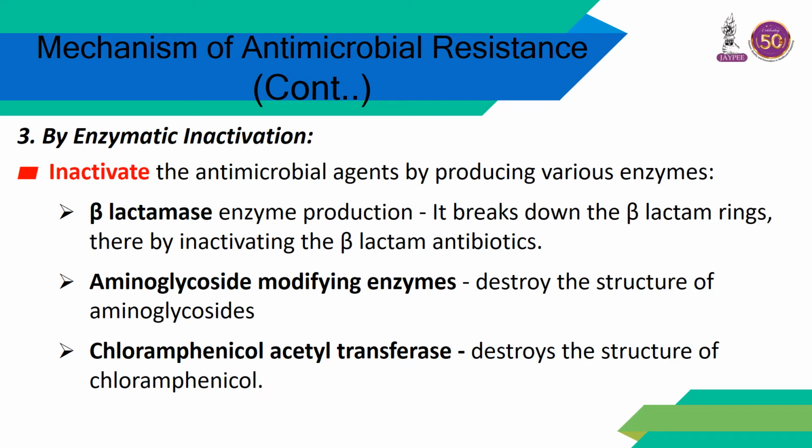Now, if the drug has entered the cell and the organism is not able to expel it, that is, not able to make the drug go away from the cell, then it has the third option to generate some kind of enzyme which can act on the drug and inactivate it. अभी ड्रग सेल के अंदर भी आ गया है, पर बैक्टीरिया उसे निकाल भी नहीं पा रहा है, तो फिर थर्ड ऑप्शन है कि उस ड्रग को इनएक्टिवेट कर दो बाय प्रोडक्शन ऑफ एंजाइम्स.